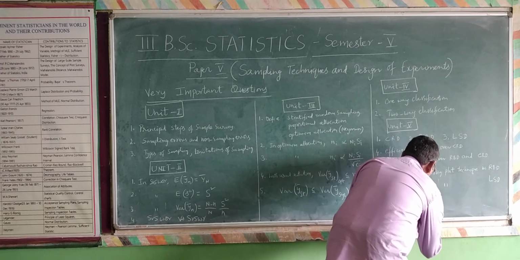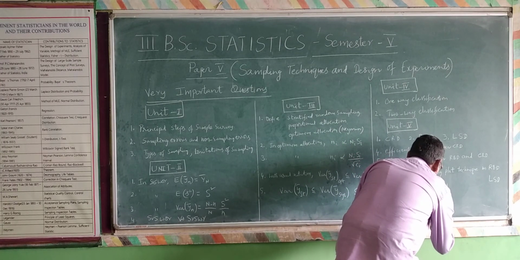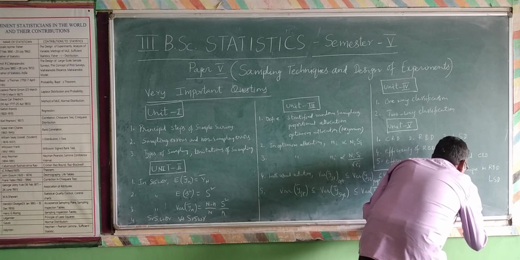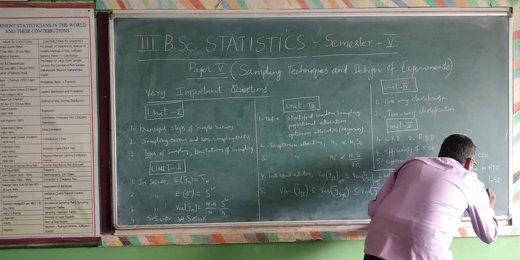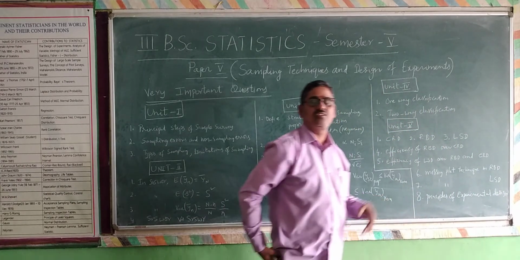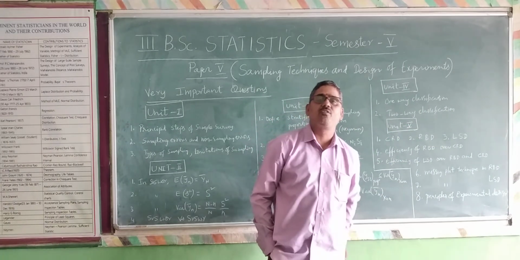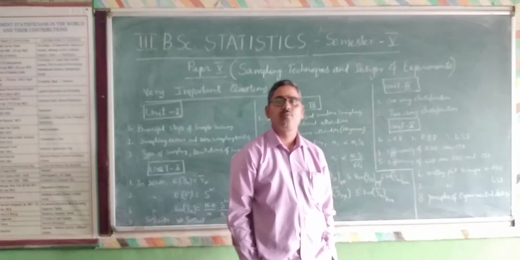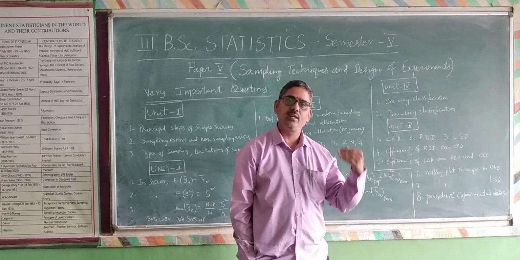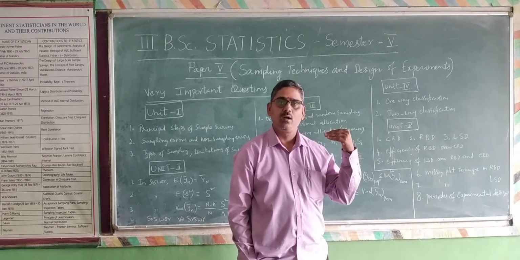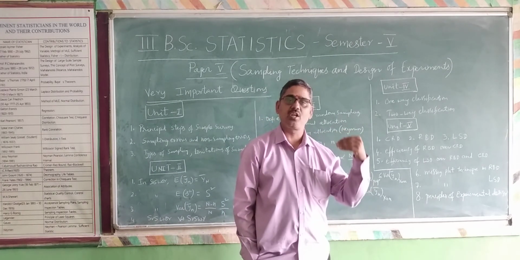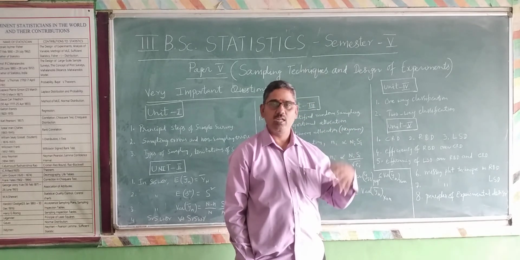I forgot to write one other question, that is principles of experimental design. After definitions: the definition of design of experiment, and the definitions of yield, block, experimental unit, treatments, precision, efficiency, etc. There are many definitions.